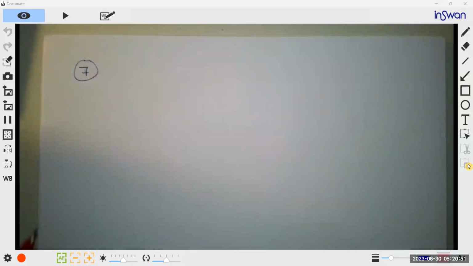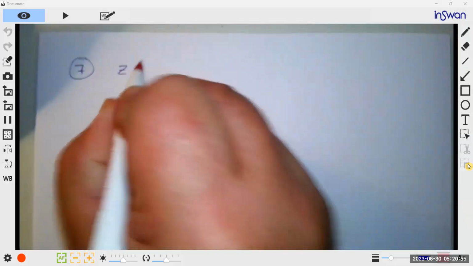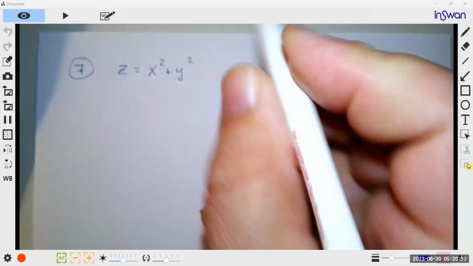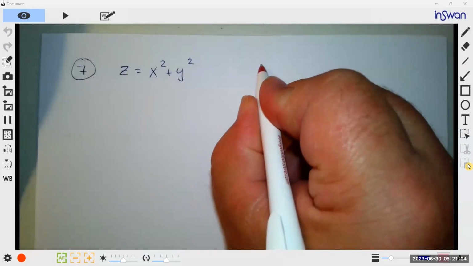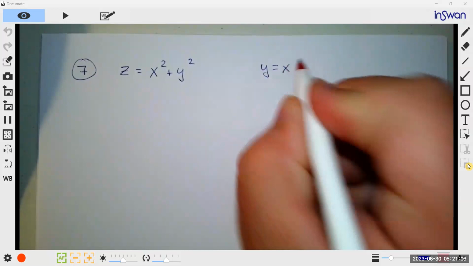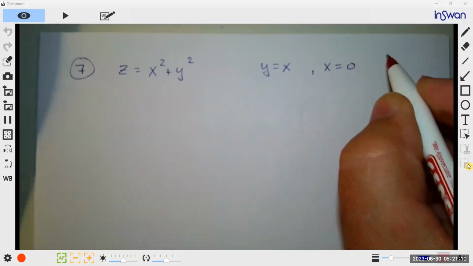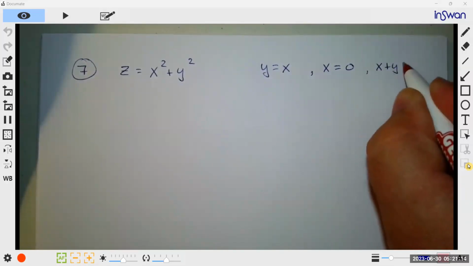Number 7, what do they give us? We have the paraboloid, and below the tangent is enclosed by the lines y equals x, x equals 0, and x plus y equals 4.